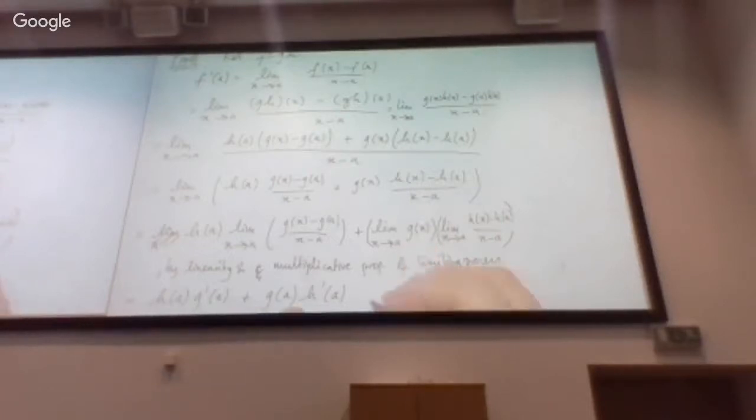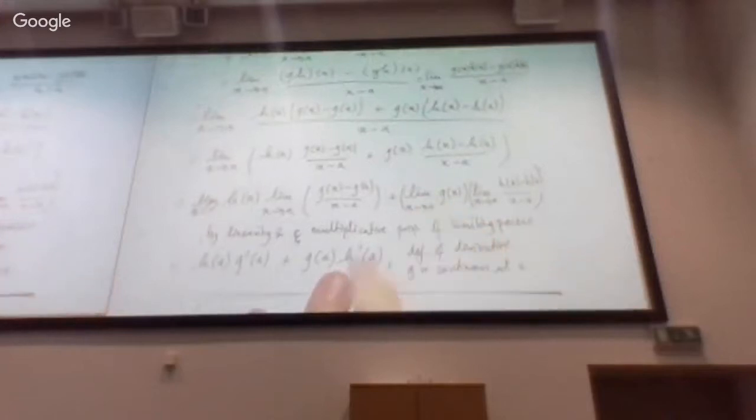So that's the definition of derivative and the fact that g is continuous. g and h are continuous, but in particular, we're referencing here the fact that g is continuous. So you see we get exactly the expected expression from the statement of the product rule.